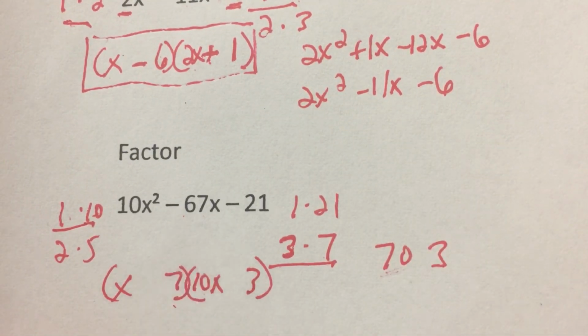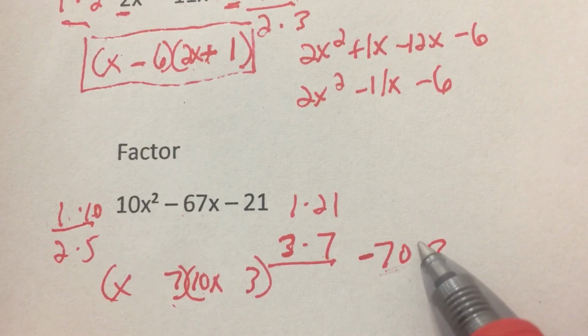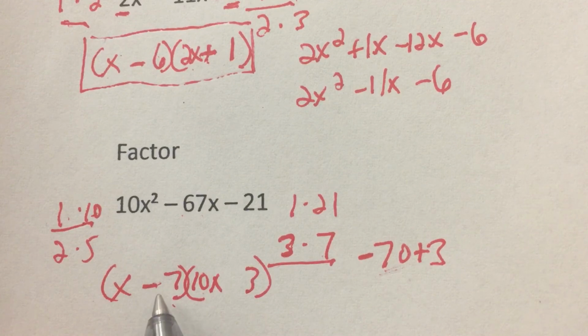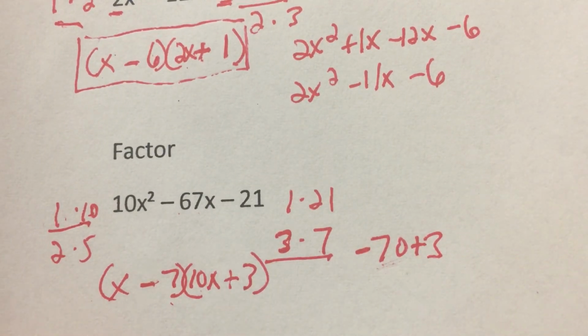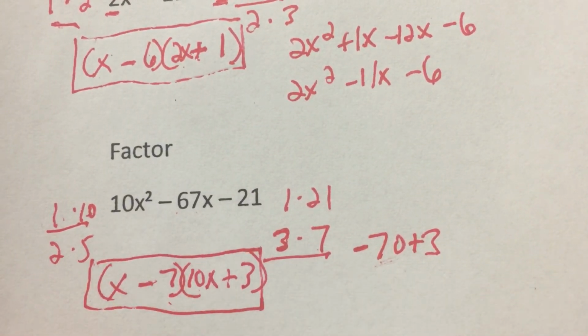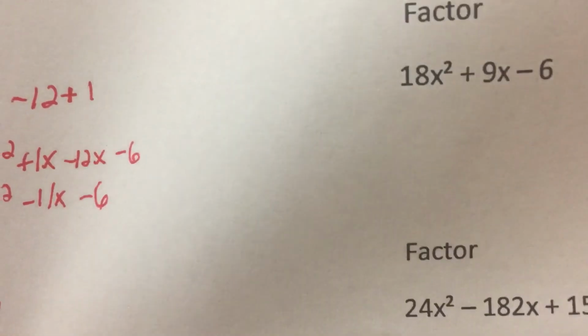This is a negative 67, so I need this to be negative 70 and this to be positive 3 in order for them to combine in the middle for negative 67. So what would give me the 70? The 7 times the 10. So I'm going to make him negative so that it's negative 7 times 10, negative 70. And this one positive so that it's positive 1 times positive 3, so that I will get my middle term of negative 67. Okay. All right, there are two more on here, but I'll leave you to do those.